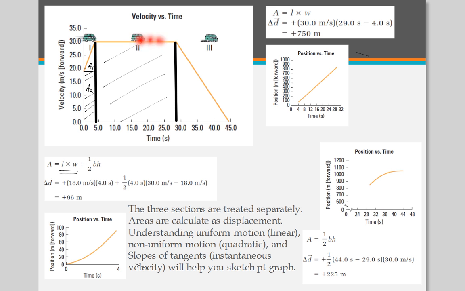Here the VT is constant, so position time is uniform. You're covering the same amount of distance every time. That's when you're going the same speed. And then if you're going to decrease speed, you should expect nonlinear.